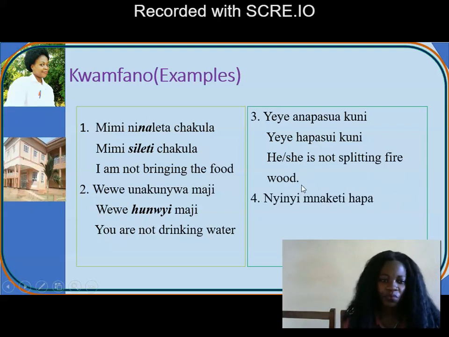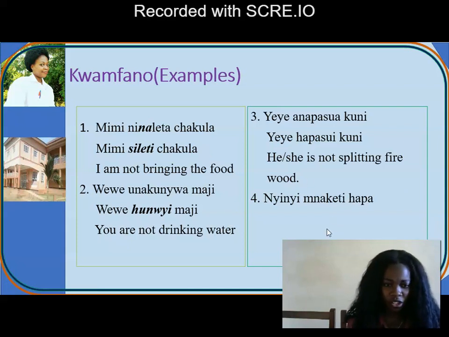Let's see number 4. Nyinyi mnaketi hapa. When it comes to changing this one, you first remember the grammatical rules we've been at. When you find a verb ending with A, you change it to I. But when you find other letters that are not A, the verb remains like that.